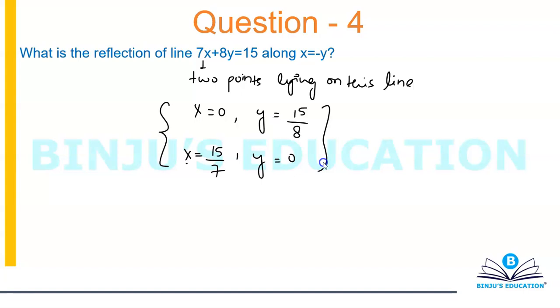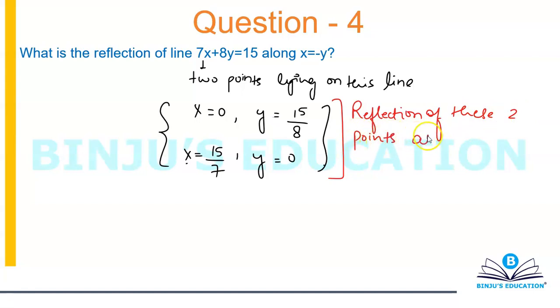Now I'll take the reflection of these 2 points along x is equal to minus y.